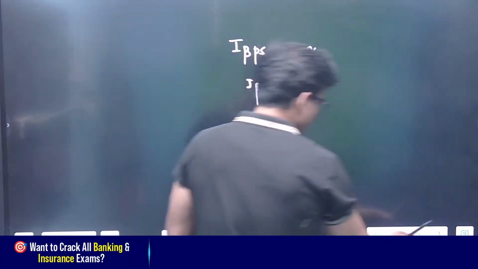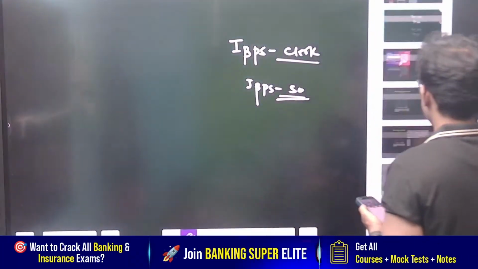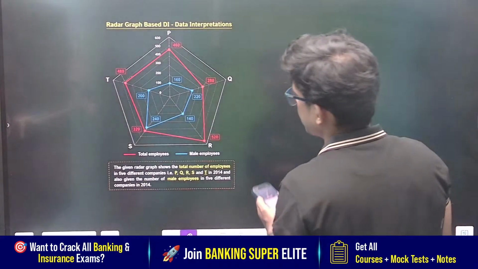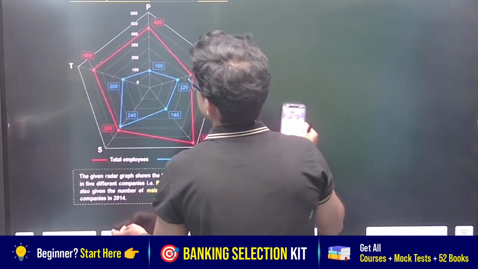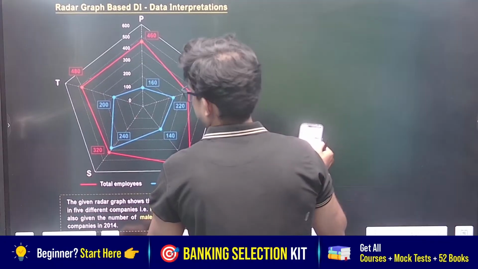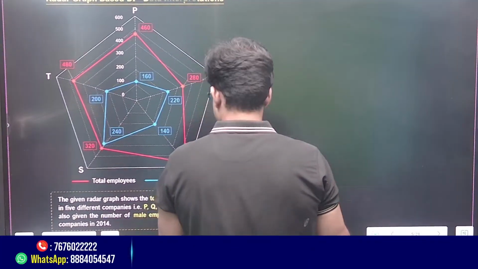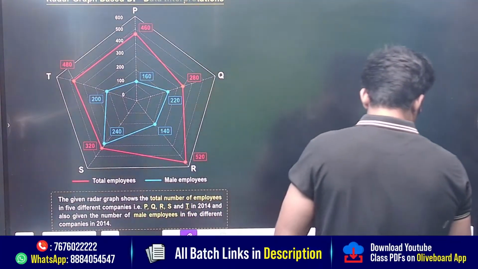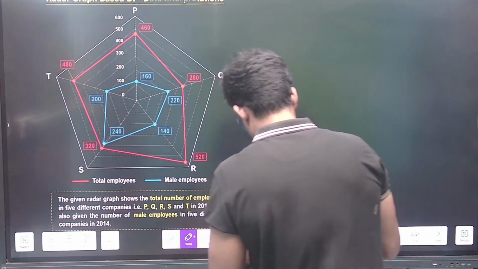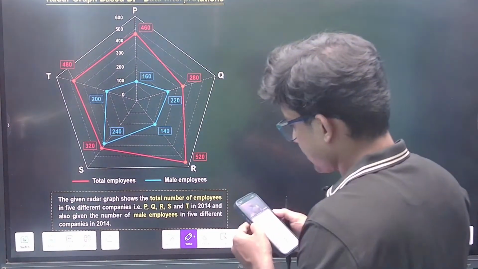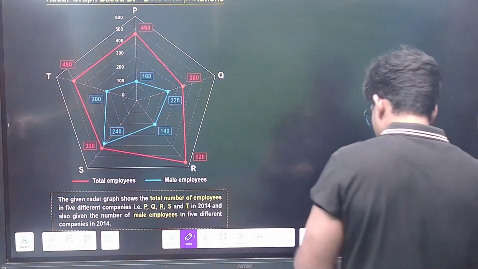Okay, so let me show you the DI first. So this is a kind of DI. I hope this is visible, everyone. Please say once if this is visible. This is a radar based DI. Okay, I think this is visible as of now.